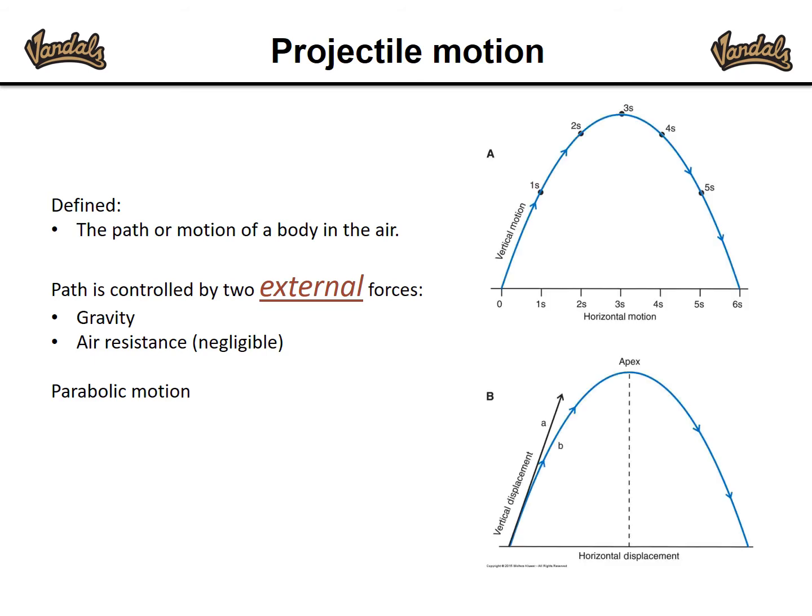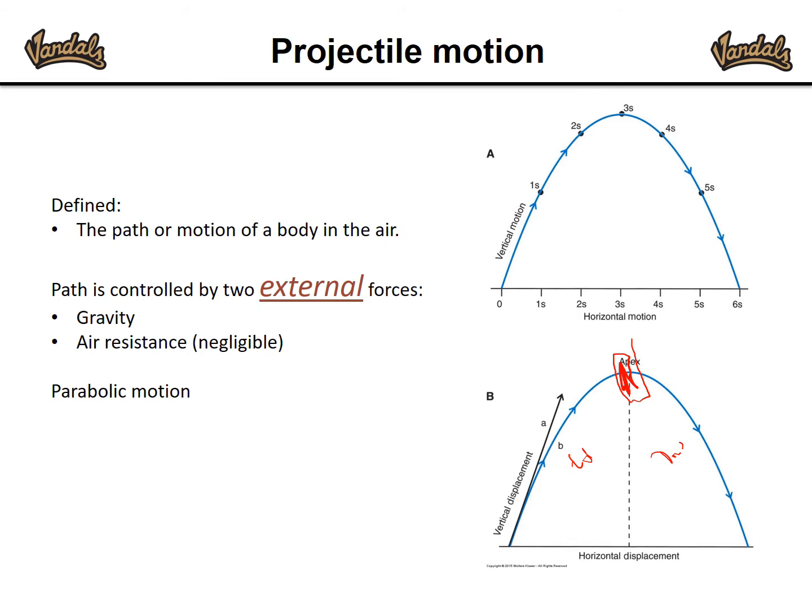So it's a parabola. It looks like this, going up and down. As we look at this, I want you to focus on the bottom one, because what we're going to end up doing a lot is breaking this into two components. I'm sorry, I can't draw a straight line. This is the apex, and this dotted line allows us to break this up into the up and down segments of your parabola.